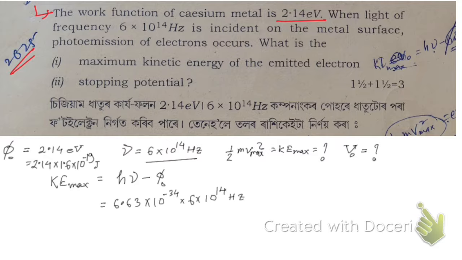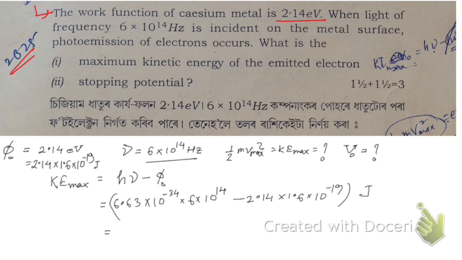So now minus, what we have, 2.14 into 1.6 into 10 to the power minus 19. That joule is the kinetic energy, right?